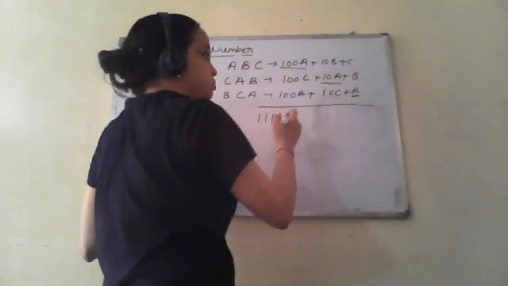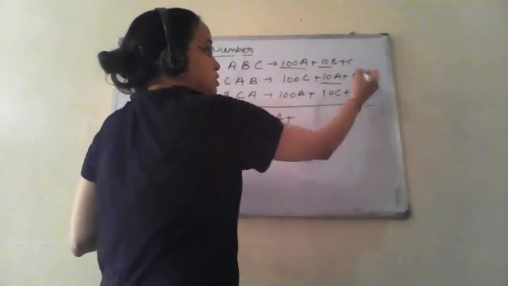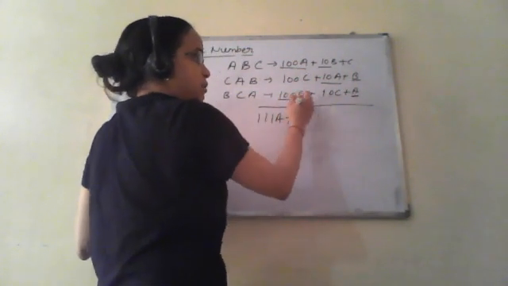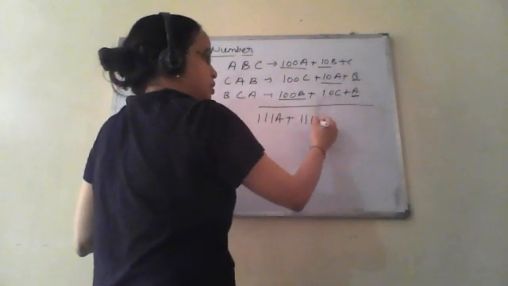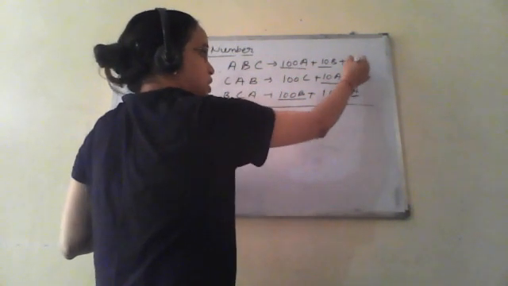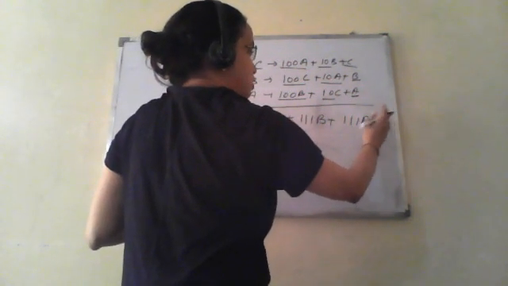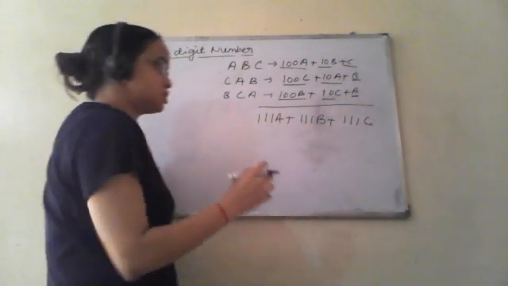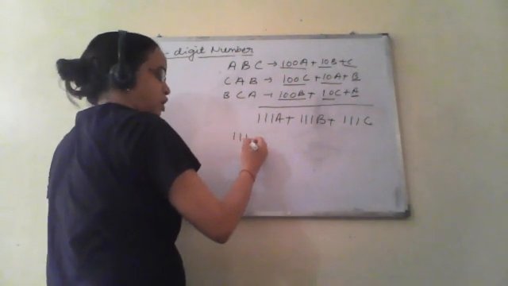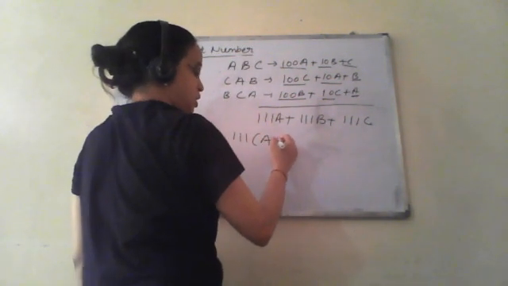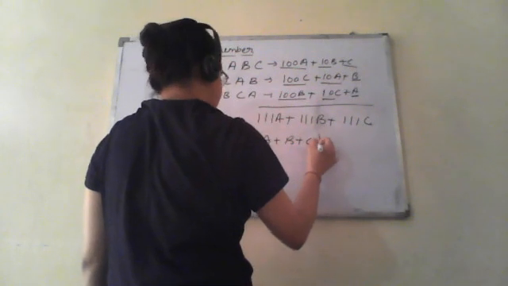Similarly with B: 10B, 1B and 100B make 111B. And C: 100C and 10C and C make 111C. So 111 is common to all of these, and the remaining is A plus B plus C.